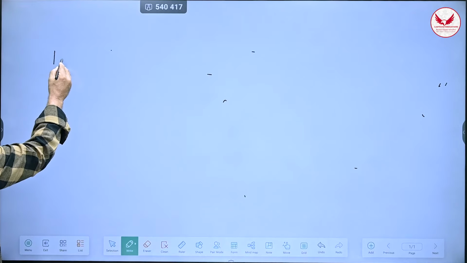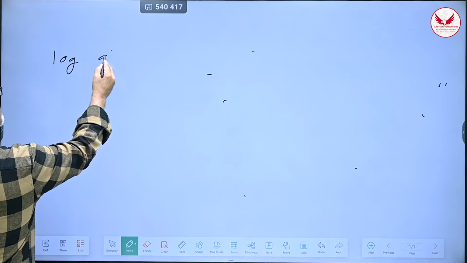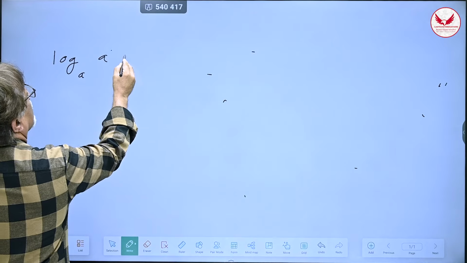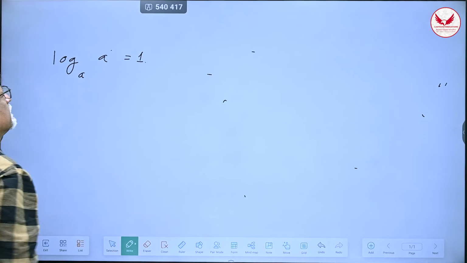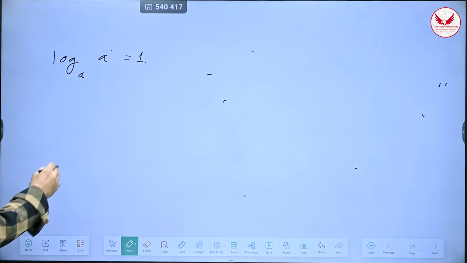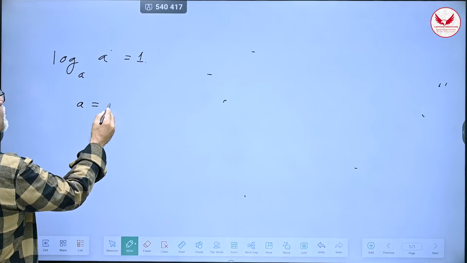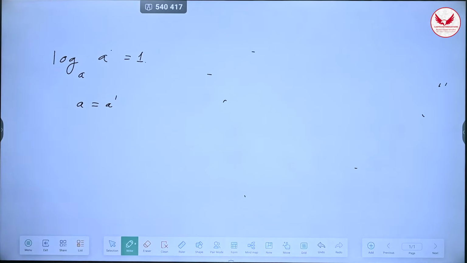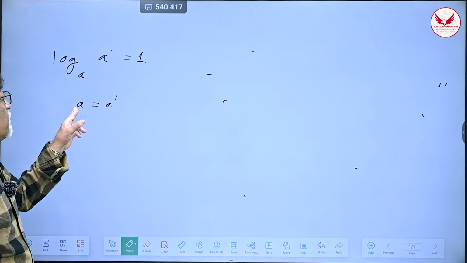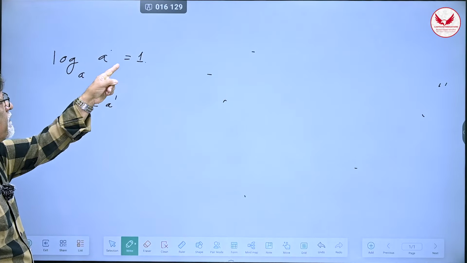See, you have to understand one thing, that log of a to the same base a will always be equal to 1. Log of a to the base a is 1. Why? Because a is equal to a raised to 1. So a raised to 1 is equal to a. Therefore, log of a to the base a is 1.